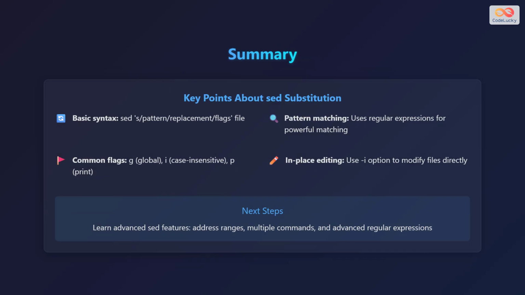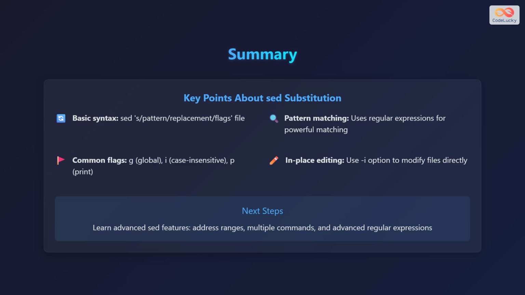Let's summarize the key points about SED substitution. The basic syntax for SED substitution is sed 's/pattern/replacement/flags' file. Pattern matching in SED uses regular expressions, making it a powerful tool for finding and manipulating text.